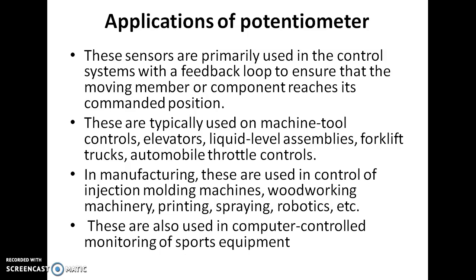That can be done with the help of a potentiometer. Then we can use potentiometers in elevators, liquid level assemblies, forklift trucks, automobile throttle controls, etc. In manufacturing, these are used in control of injection molding machines, woodworking machines, printing machines, spraying machines, robotics, etc. These are also used in computer control monitoring of sports equipment.